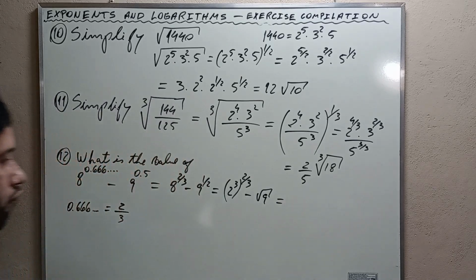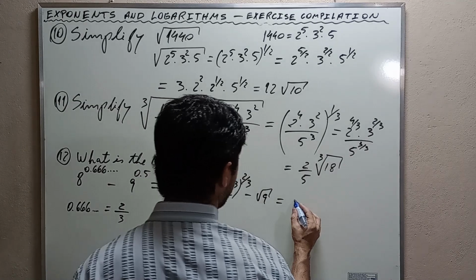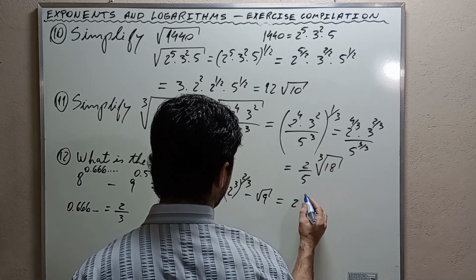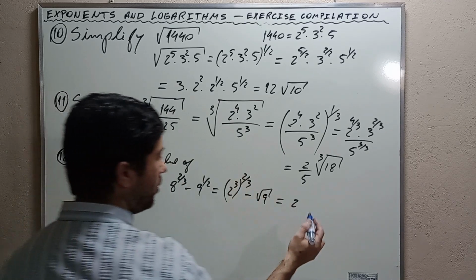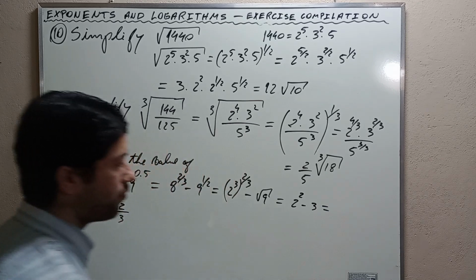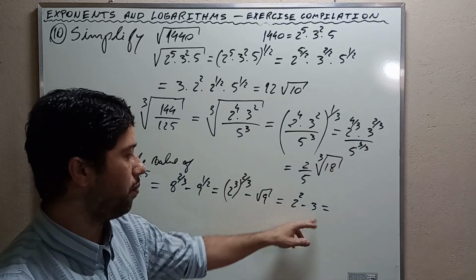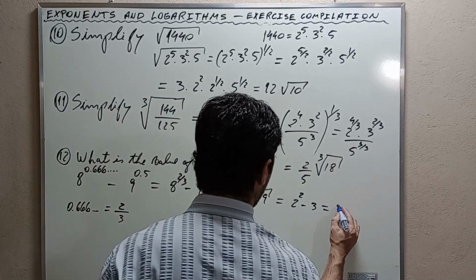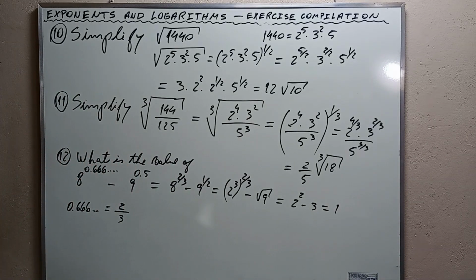We multiply this 3 times 2/3, which is 2. And the square root of 9 is 3. Then it's going to be 4 minus 3, which is equal to 1, my friends. And this is the solution of exercise 12.